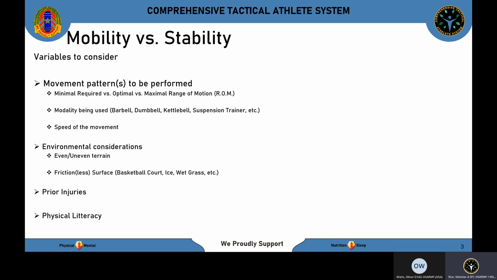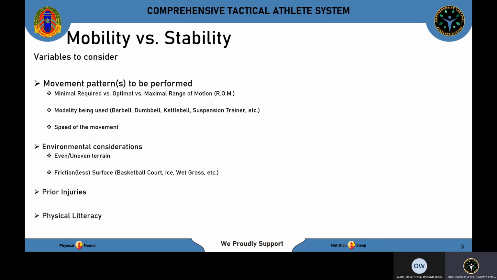We need to be cognizant of how our bodies move and how aware our soldiers are of their bodies moving. So when we're looking at mobility and stability, we need to look at what movement pattern is being performed, which was aforementioned by Sergeant Watts, right?